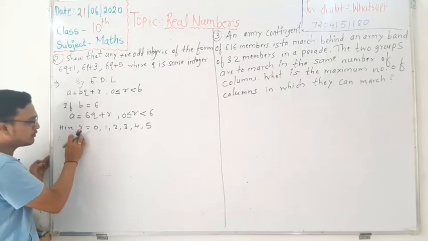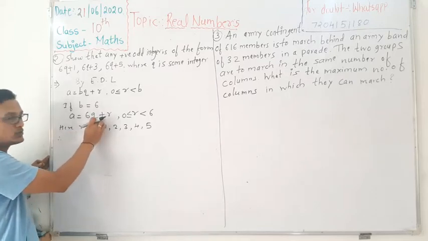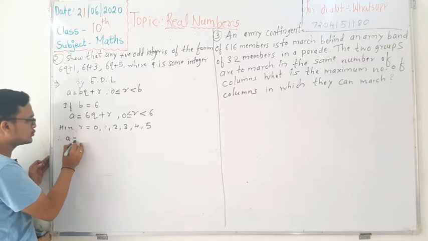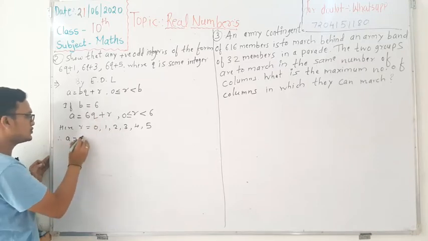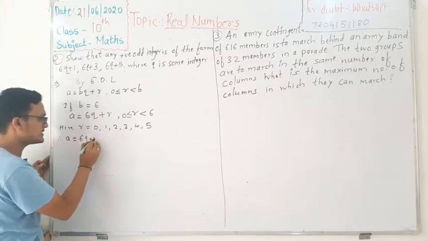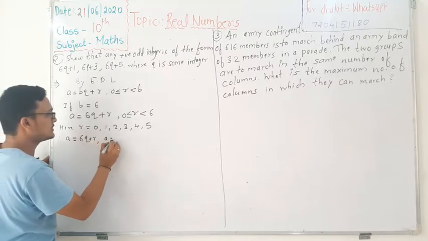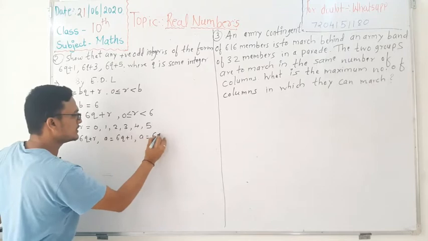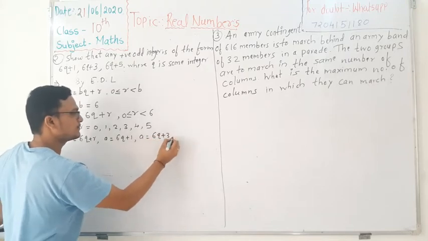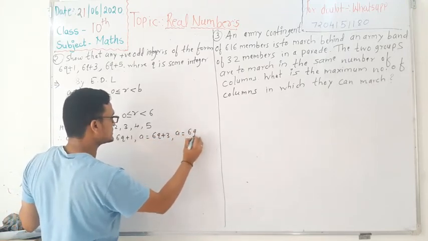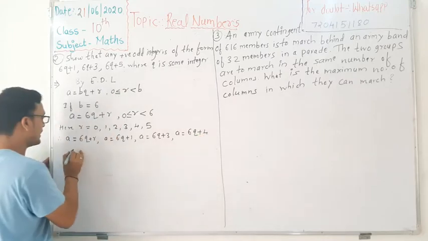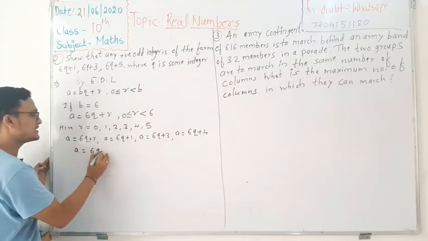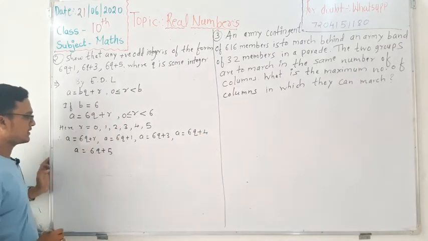So just go on putting the values of R in the given above statement. So A is equals to, if I put 0, 6q plus 0. Next, A is equals to 6q plus 1. A is equals to 6q plus 3. A is equals to 6q plus 4. And A is equals to 6q plus 5.